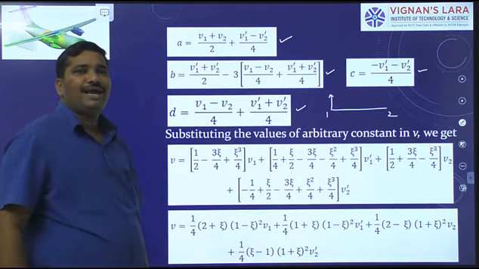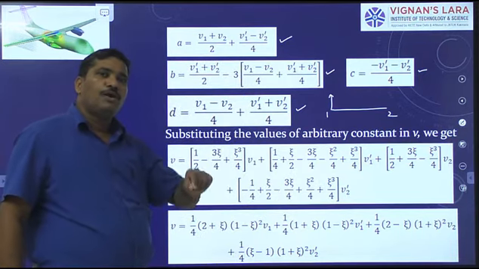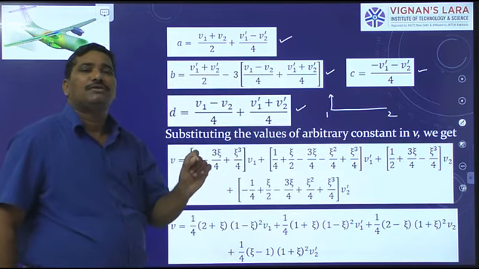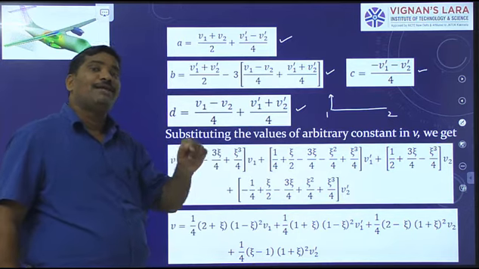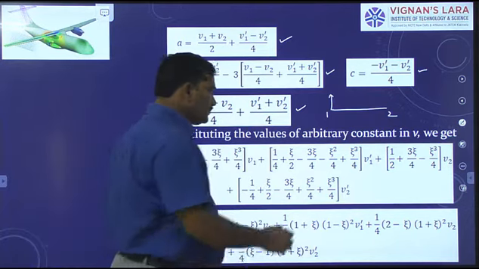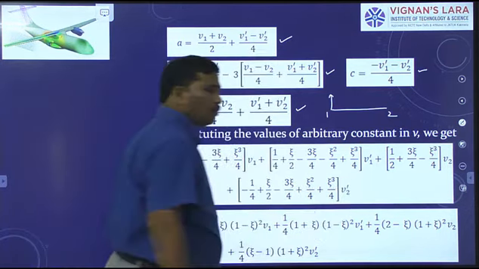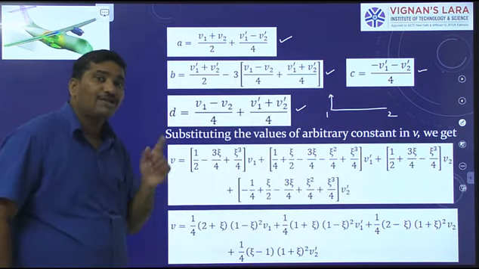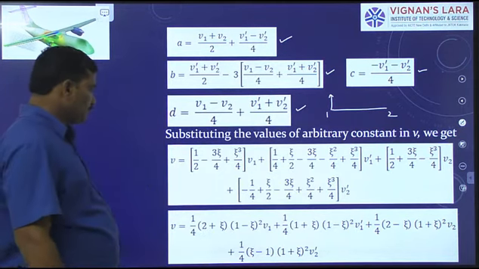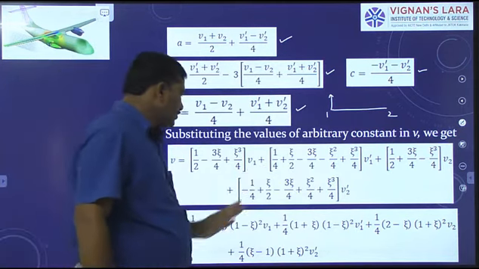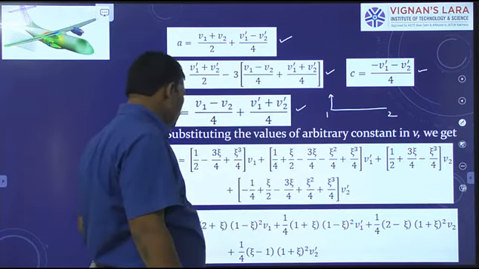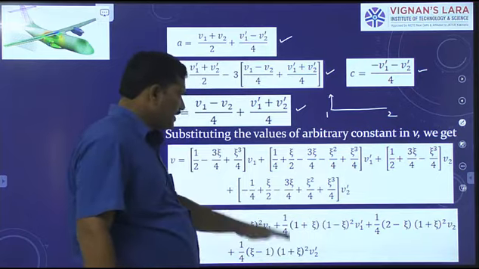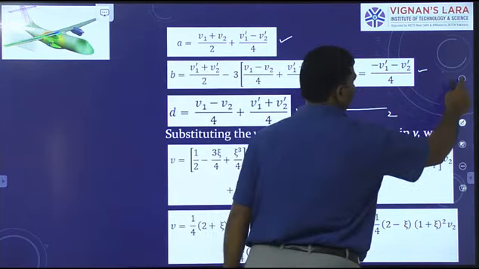What is V1 dash? It is the slope of the beam element at node 1. What is V2 dash? It is the slope of the beam element at node 2. Remember. The same expression you can also simplify like this. The same expression.